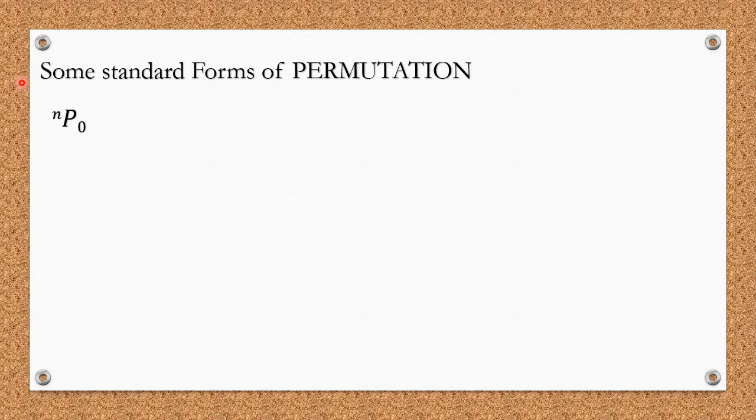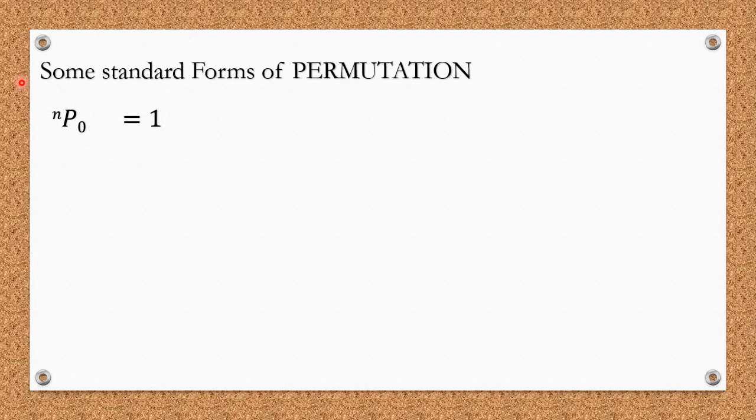NP0. NP0 means it is 5p0 or 10p0 or 1p0 or 15p0 or 100p0. That means 5 friends are there but no chairs are there. 5 friends want to sit but not a single place is empty. So what option is left? Everyone is kept standing. Answer is 1. If NP0 is given, the answer is 1.